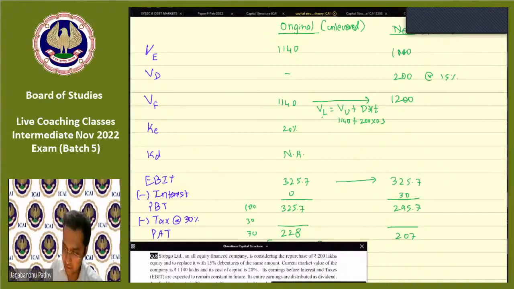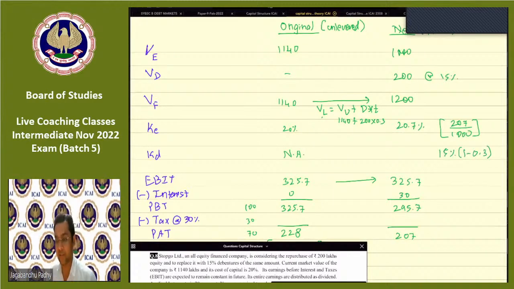So once I have this as 1000, we know that PAT is 207. So K is going to be 207 divided by 1000, which is 20.7%. And the cost of debt is 15% rate, giving the after tax effect, tax saving, 1 minus tax rate.